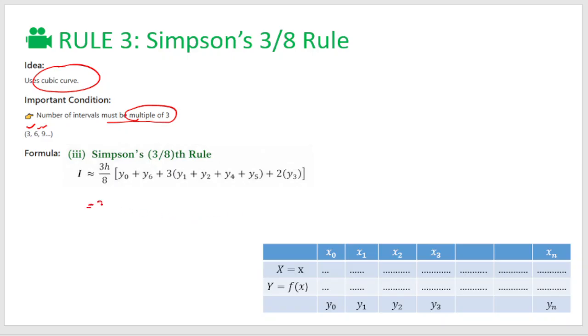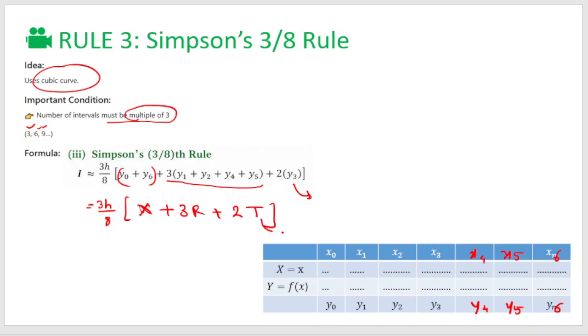It is 3h upon 8, times capital X, which is y0 plus y6, plus 3 times the remaining ordinates, plus 2 times the multiples of 3. The multiple of 3 here is y3. y6 won't come here because y6 is already considered when n is 6. So we take 2 times the multiples of 3. Clear? I think the formula is clear.